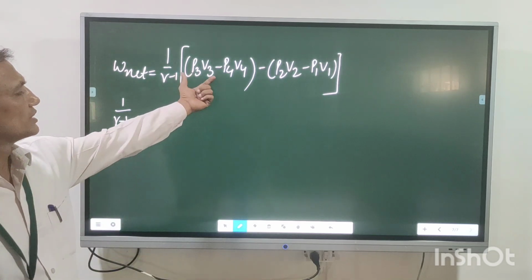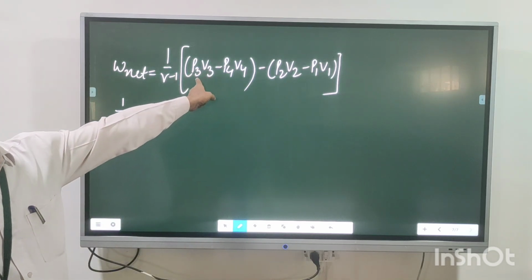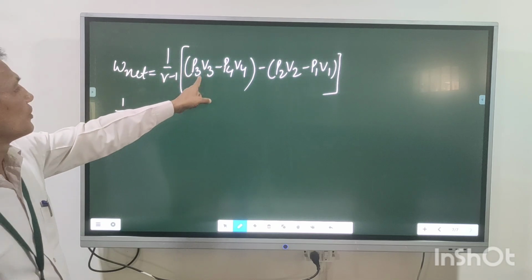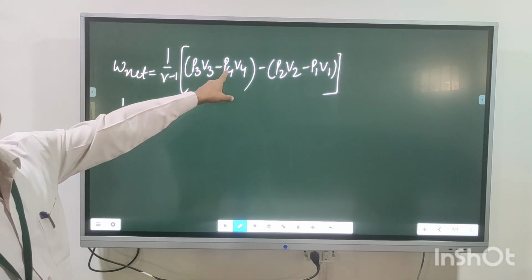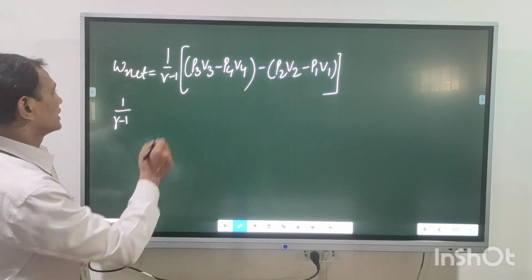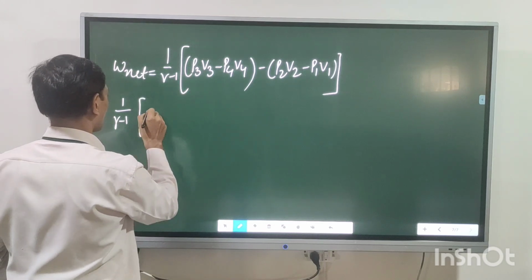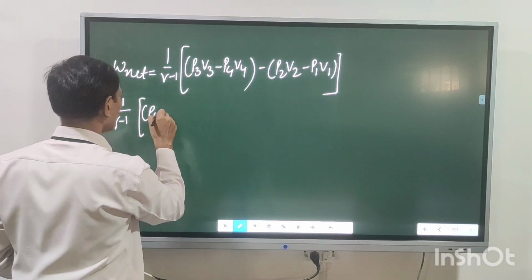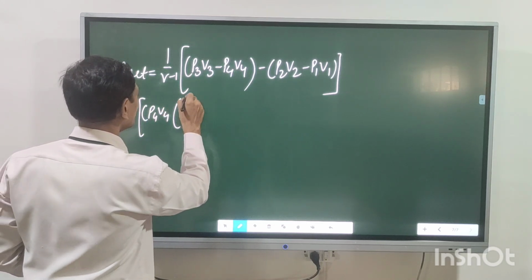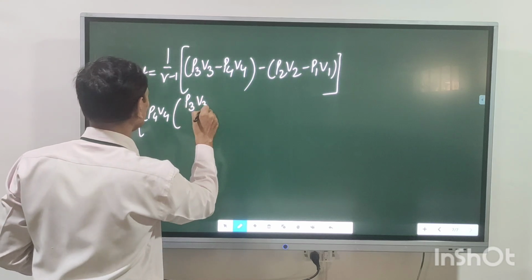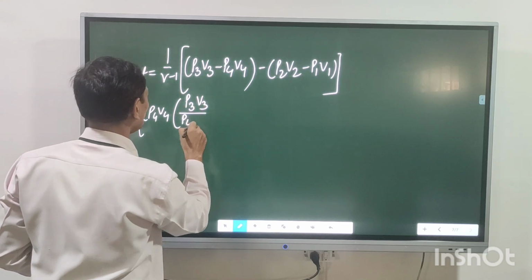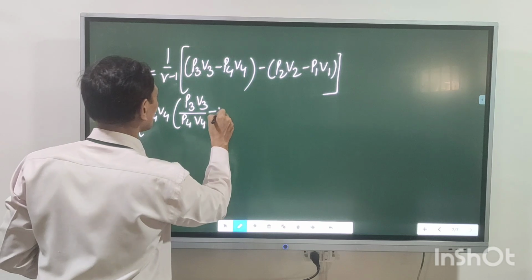In both terms, if I take common P4 V4, then in which term P3 V3 by P4 V4 minus 1.